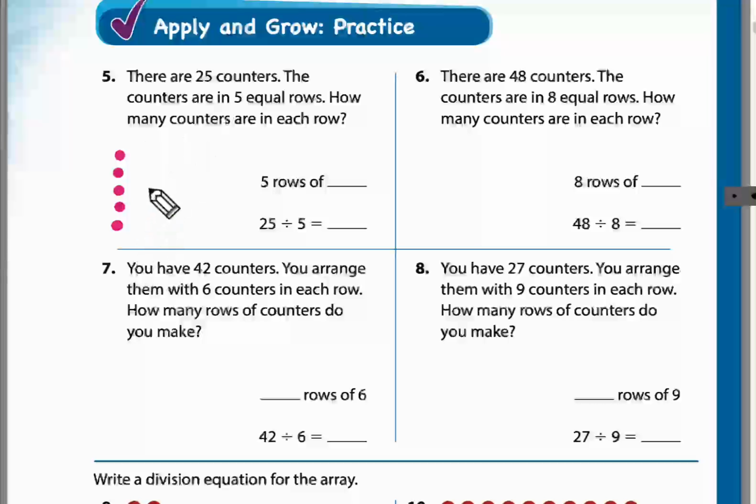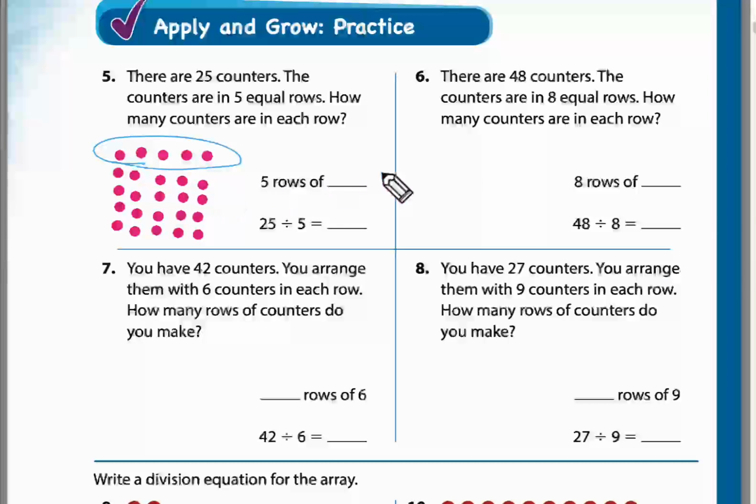So, these are 5, 6, 7, 8, 9, 10, 11, 12, 13, 14, 15, 16, 17, 18, 19, 20, 21, 22, 23, 24, 25. Now we need to count how many columns are there, or how many counters in each row.